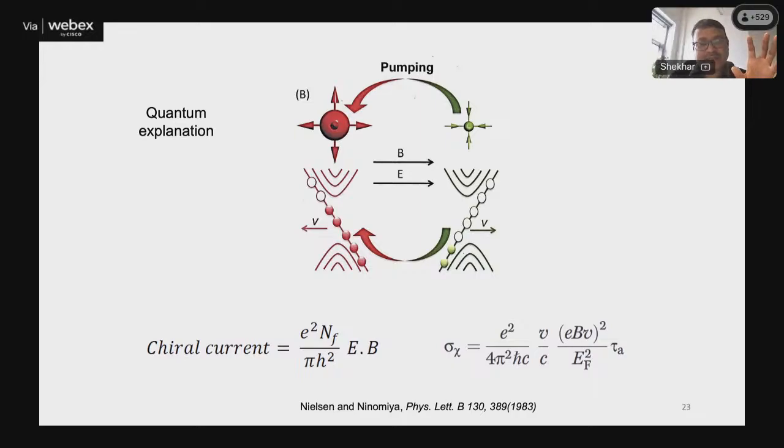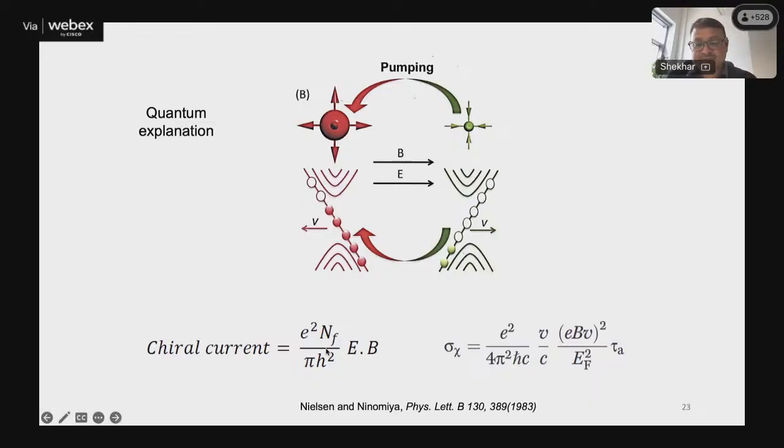By applying an electric field and magnetic field along, the charge carriers pump from one side to another side, then we can expect a decrease of the resistance. This term is maximum only when the fields are parallel. Once we have perpendicular, we don't expect the contribution of this term.